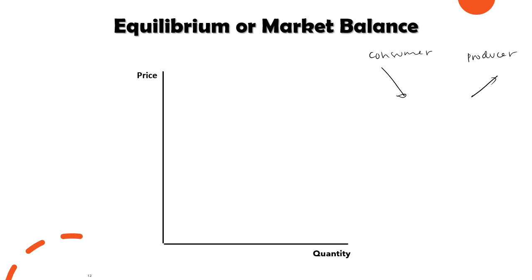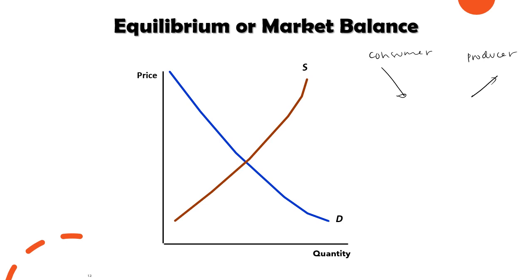In math we call that equilibrium. In supply and demand theory, we call that the market balance. So the curve becomes like this. This is the demand and this is the supply, and the equilibrium, or the market balance, is like this.